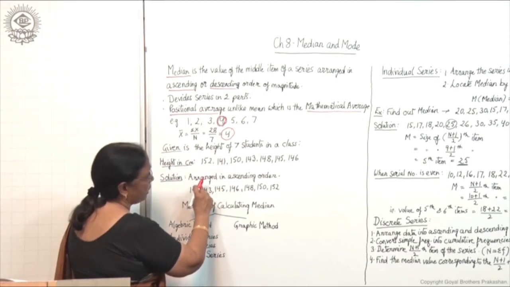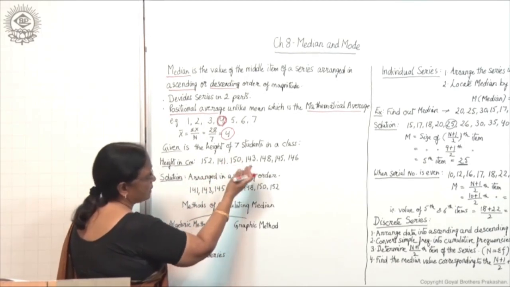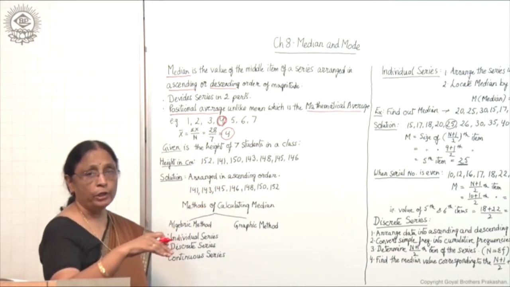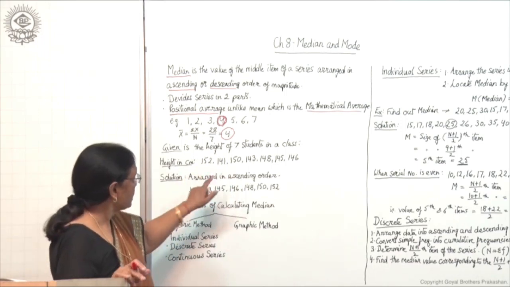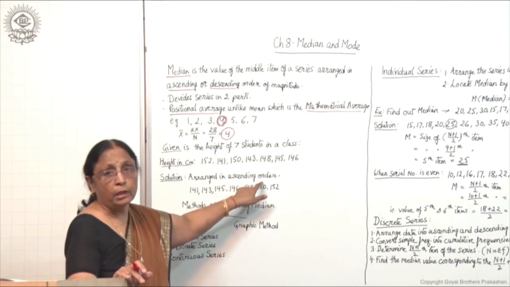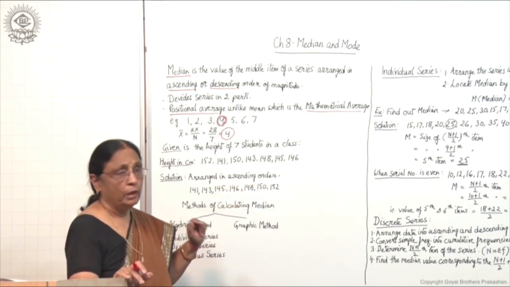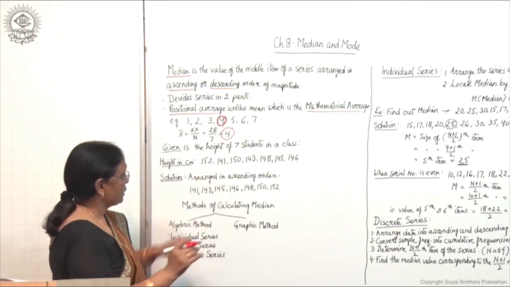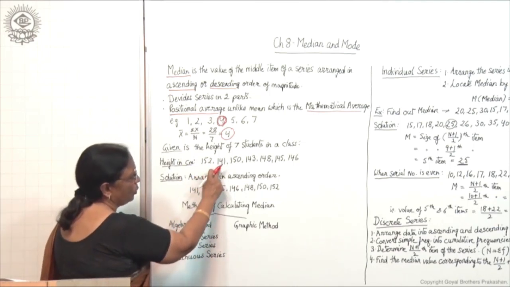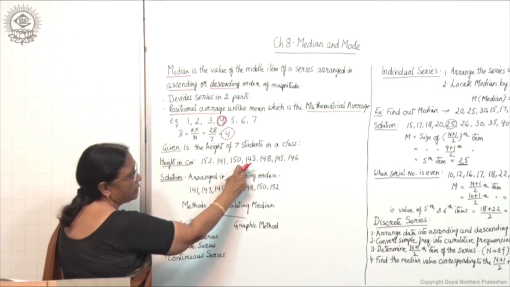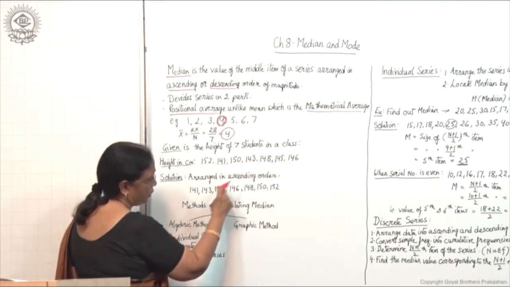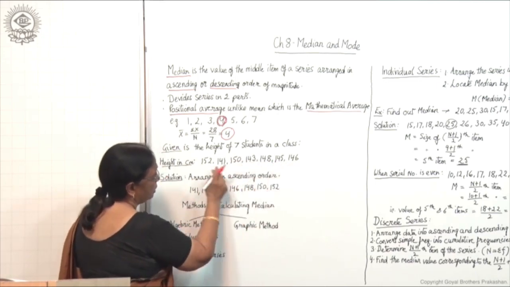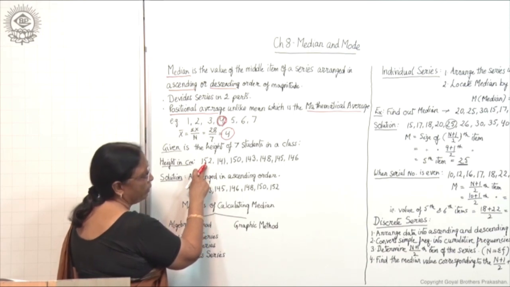First step is to arrange in ascending order or descending order according to your choice. In this case I have arranged them in ascending order. We first take the lowest one, that is 141, then the next highest, then the third, then fourth, and so on, and the last and highest figure is 152.